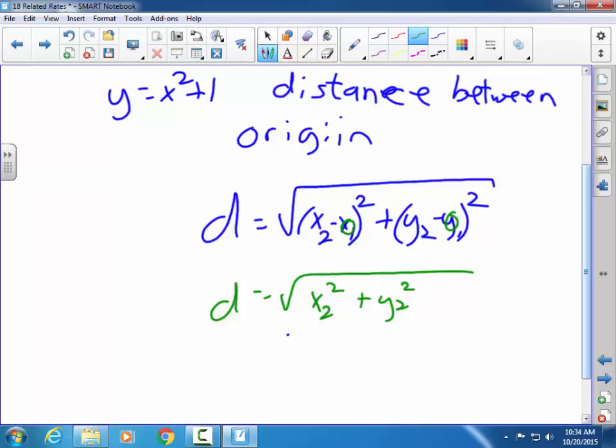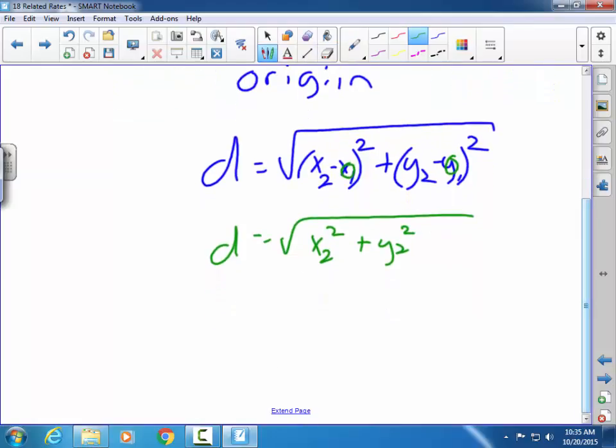Yes, it looks very much like the Pythagorean theorem now, is what you should see. Very much like the Pythagorean theorem. But I see a potential problem here. I see 3 letters in here: d's, x's, and y's. Is there any way that could be gotten down to 2 letters? It'd make our life so much easier if we could make it just 2 letters.